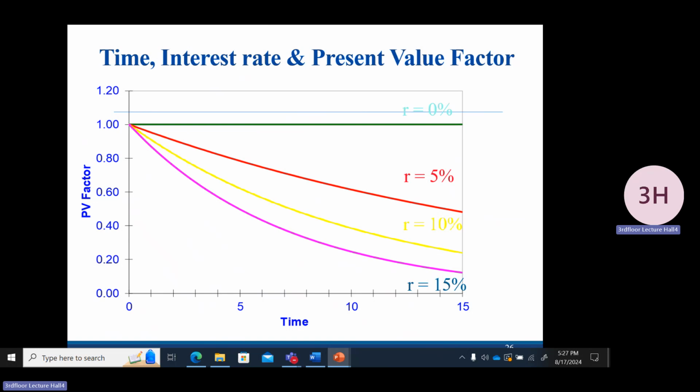When r is increasing, value is decreasing, the factor is decreasing. So there is a negative relationship between time, discount rate and the present value interest factor. Now, this is the present value of a single cash flow.